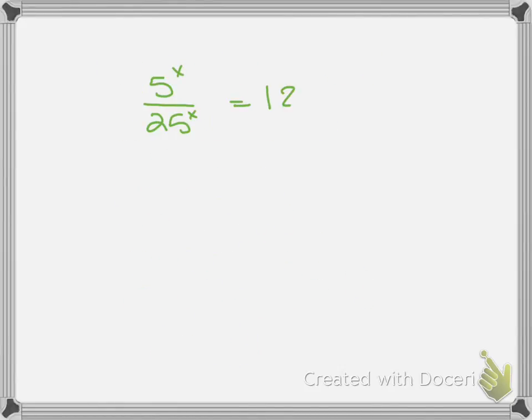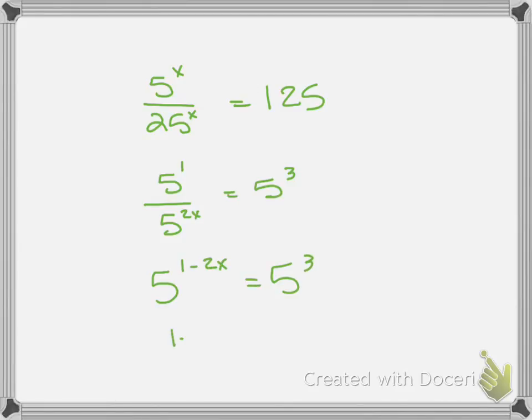One more. Now, in this particular case, I want you to look at something. We're going to rewrite this, the left and the right-hand side, with the same base. And because I could do that, if I have 5 to the 1 minus 2x is equal to 5 to the third, if my bases are the same, then my exponents have to equal for this to be a true statement.